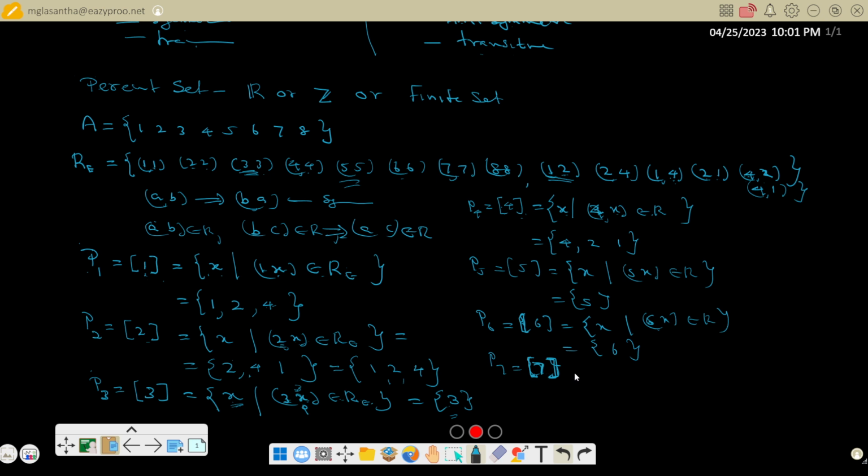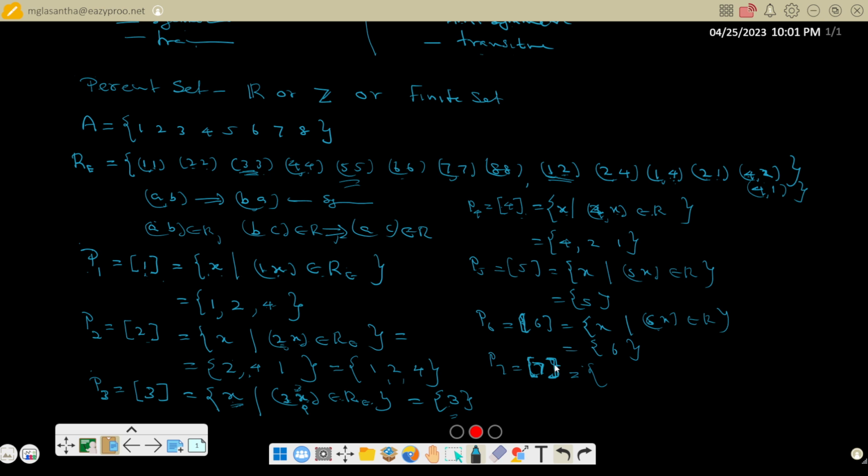That's why I use P letters, otherwise you will misunderstand. Because set also denoted by this symbol 7. Square bracket 7. This is not set, sir. This is a set, but this is not a set of single element.